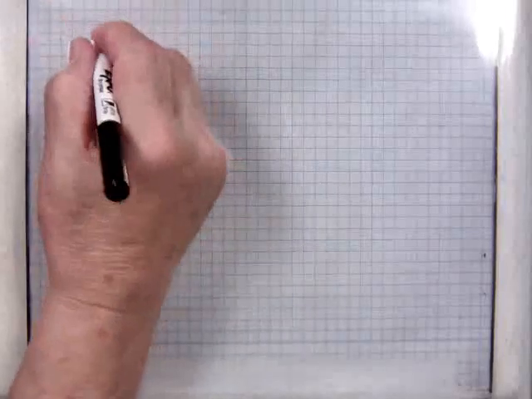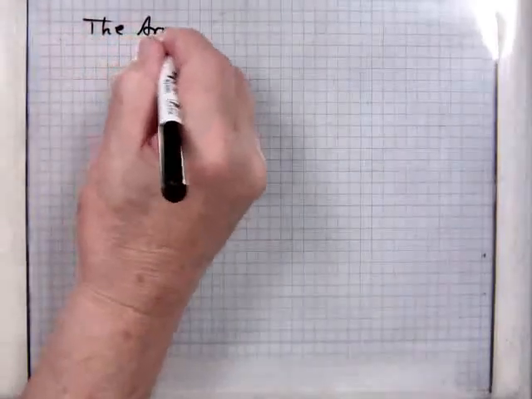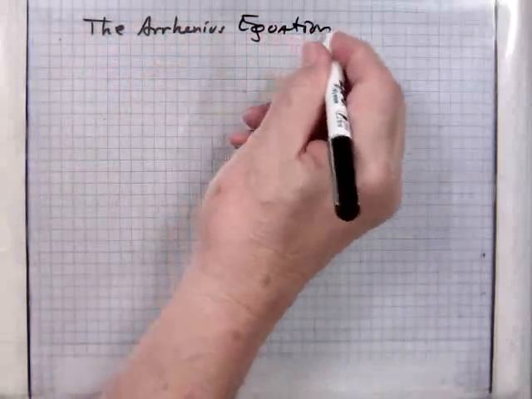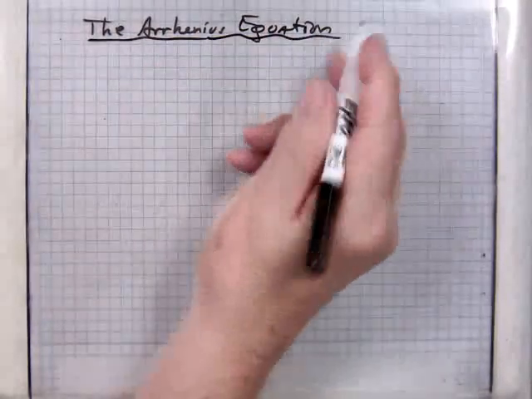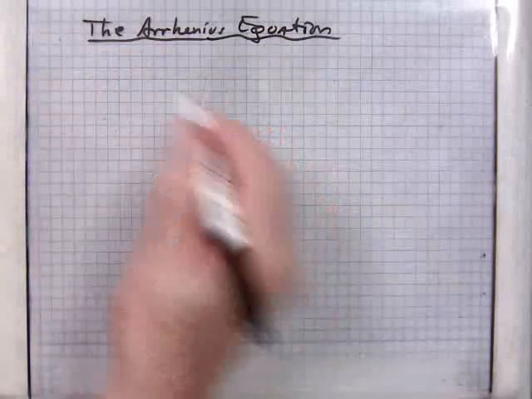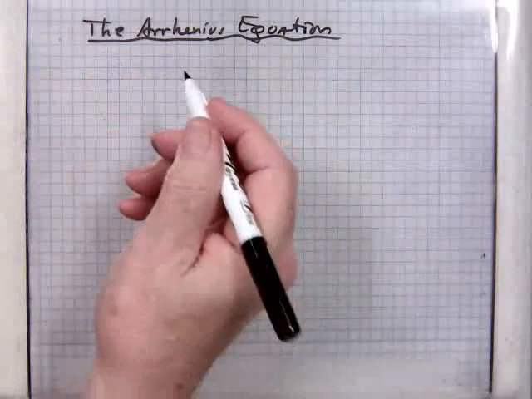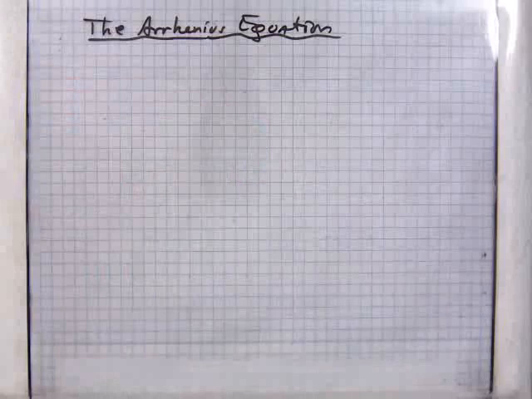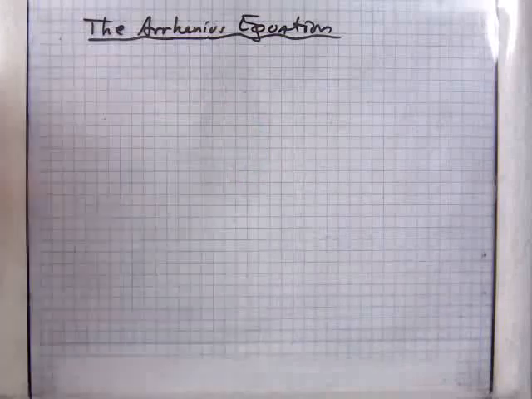Now there are problems that relate the rate constant and temperature and energy values associated with a chemical reaction. It's called the Arrhenius equation. This is developed based upon an equation called the Arrhenius equation that looks like this.